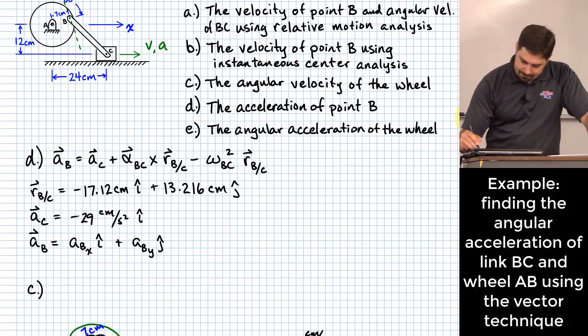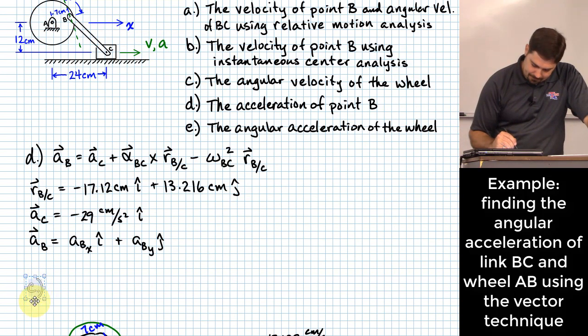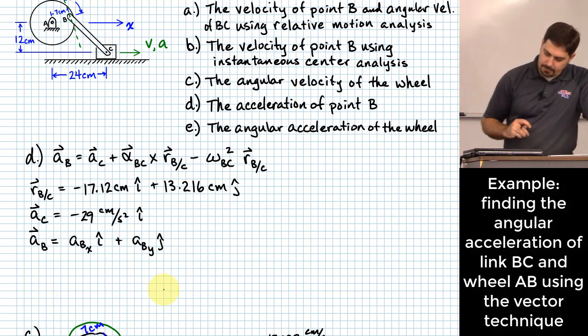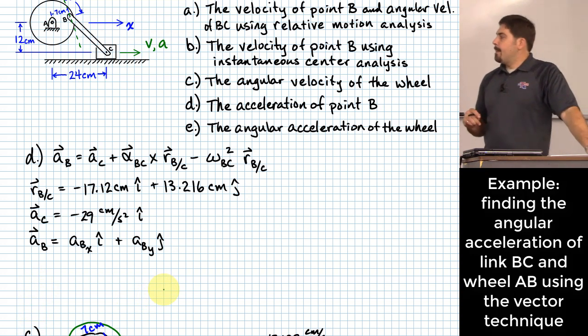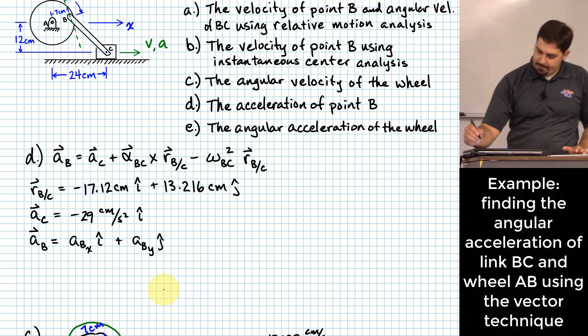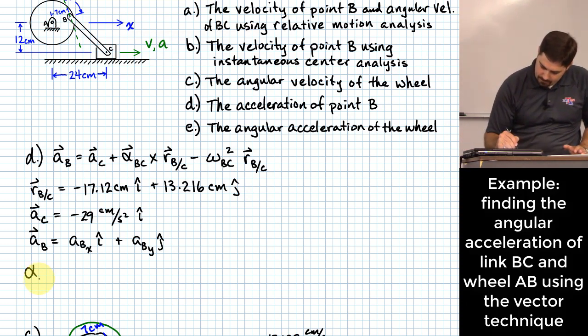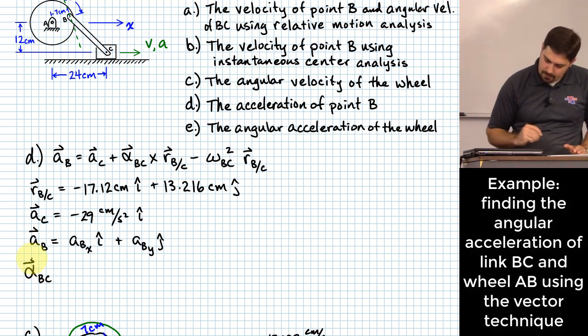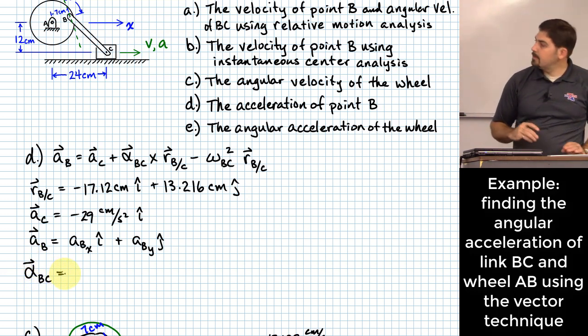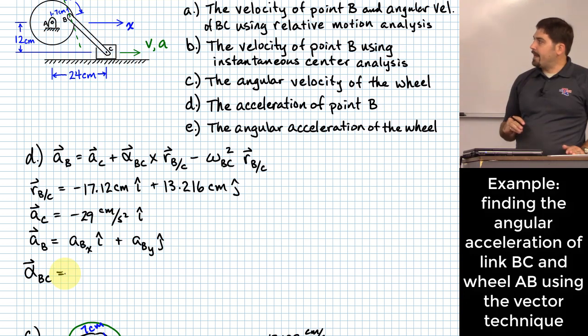What else? Alpha BC. Is there anything I can do with that? All right. Maybe. One thing I can say is that my alpha, my angular acceleration for link BC, does have to be around an axis parallel with z, right?